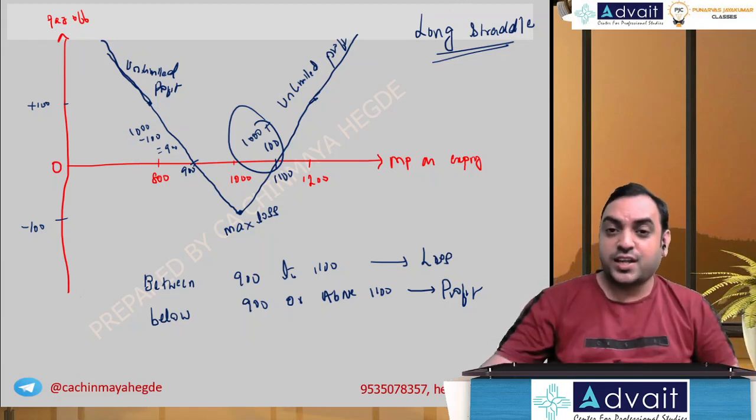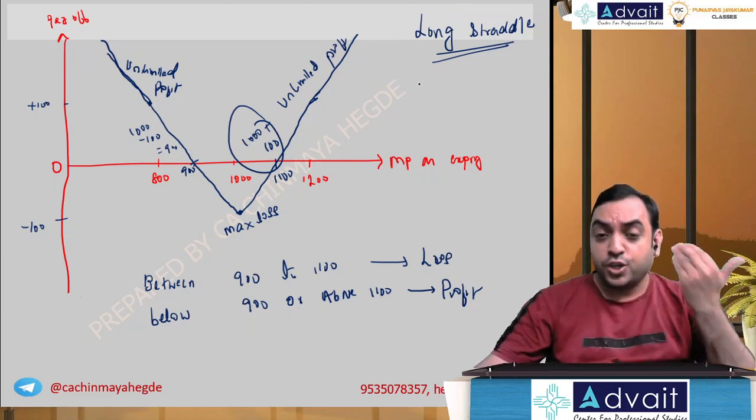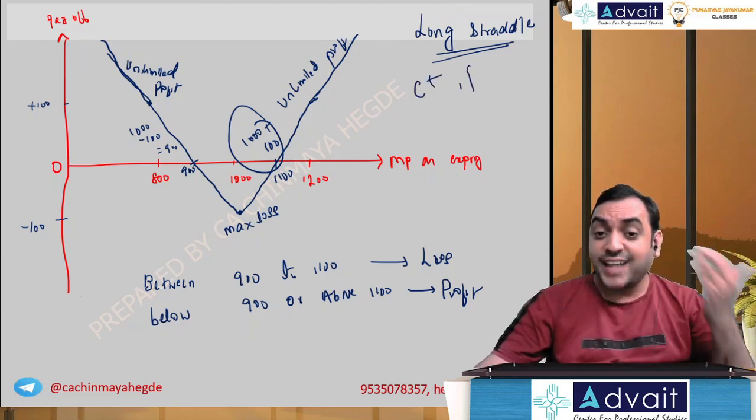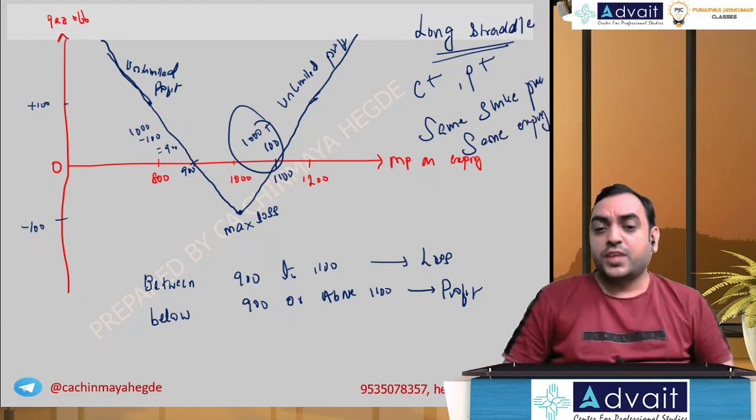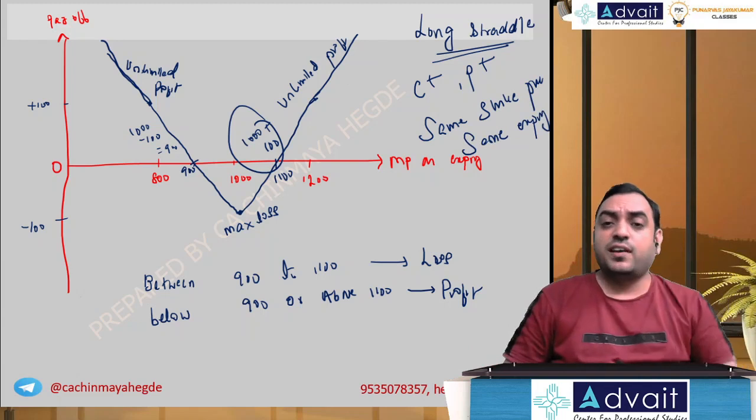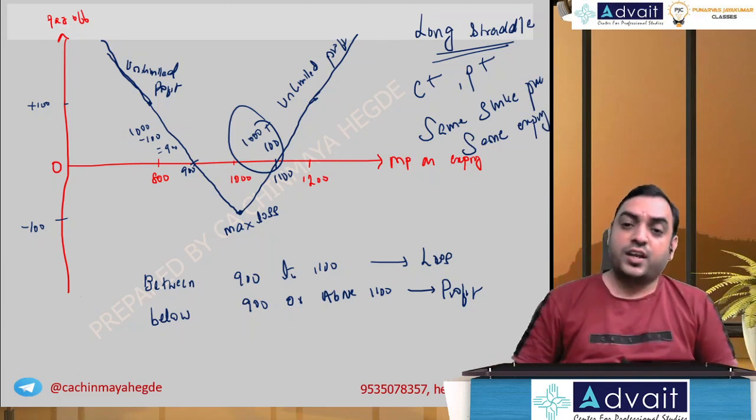It's called a long straddle, where you become a call option holder as well as a put option holder at the same strike price and the same expiry, expiring on the same date. If you take different expiries, then it's called a calendar spread. We'll come to it later.